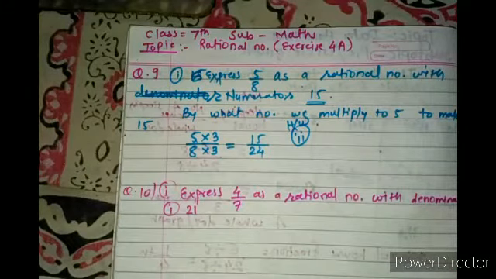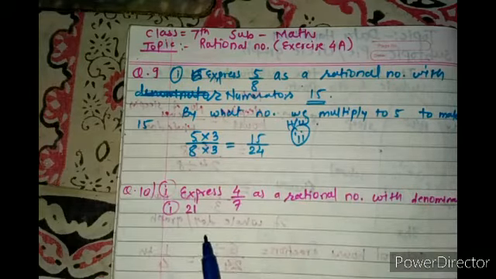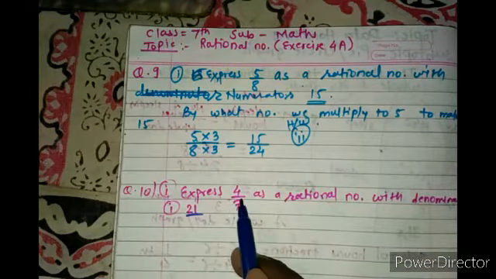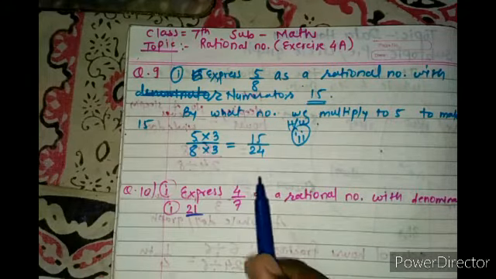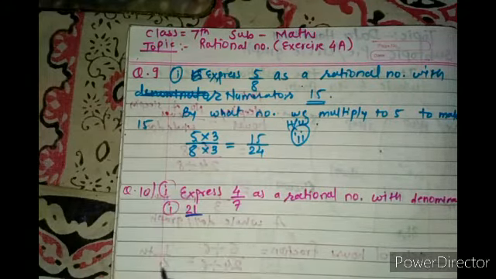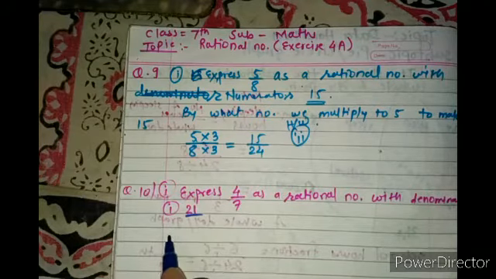Now in question number 10 we have to make the denominator 21 of the given fraction 4/7. The same process that we have done in question number 9. We have to think by which number we will multiply the denominator of the given rational number to get 21. So I will write 4/7.